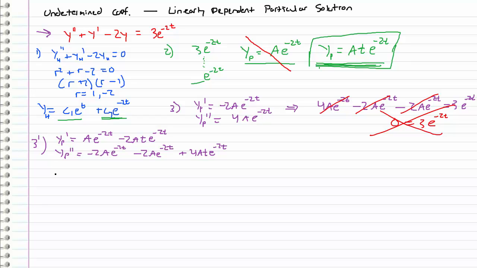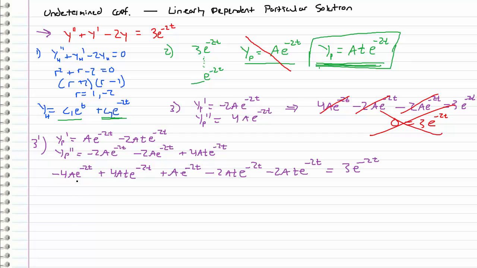So we have y double prime, which is negative 4a e to the negative 2 times t plus 4at e to the negative 2t, and then plus a y prime, so plus a e to the negative 2t minus 2at e to the negative 2t, and then we have minus a 2y, so minus 2at e to the negative 2t. And this all has to equal the right-hand side, which is 3e to the negative 2 times t.